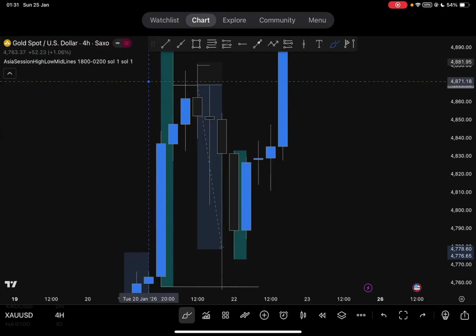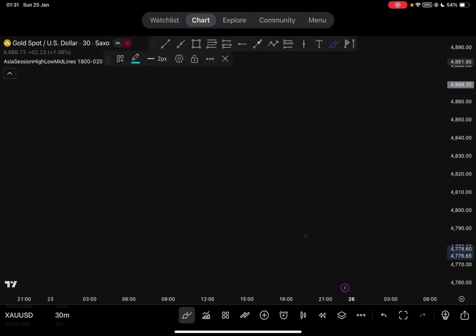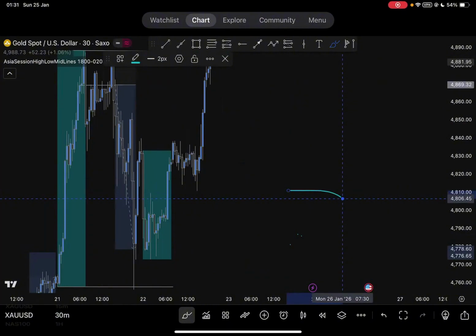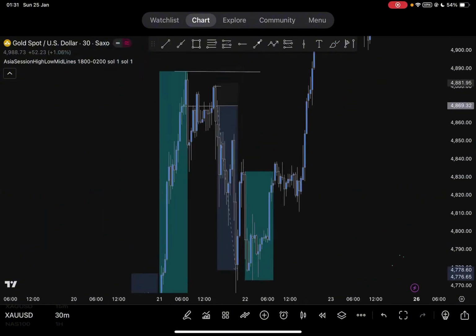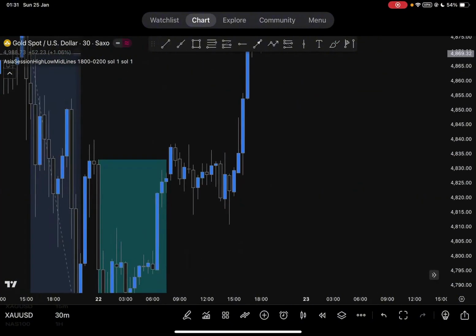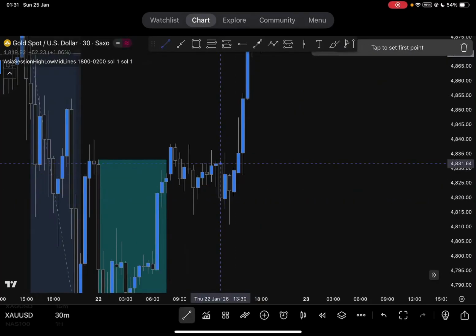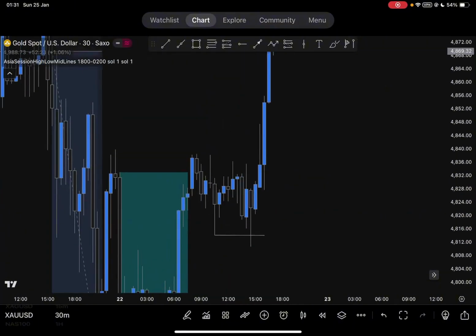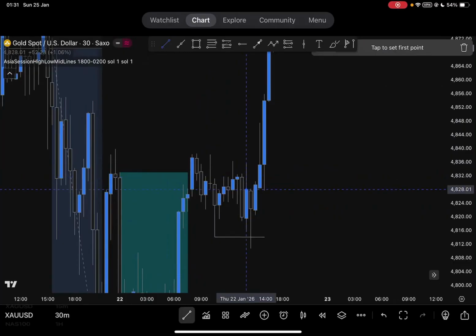So I waited for price to give me a liquidity concept on the 30 minutes. You can see the same thing again on the 30 minutes on this day. By 12:30 you have the bullish scenario of a breakout, but you still need to confirm that price takes out liquidity. Price came here, took out liquidity first, and then went to the upside.